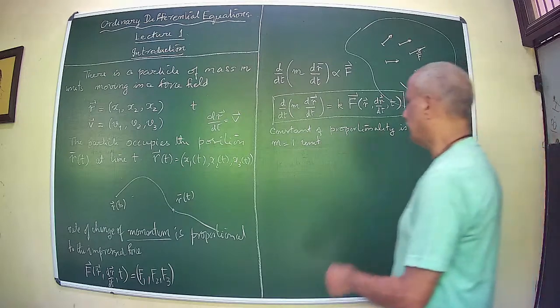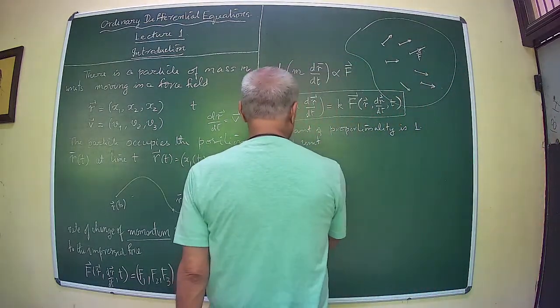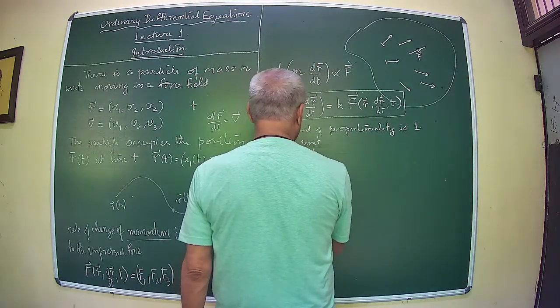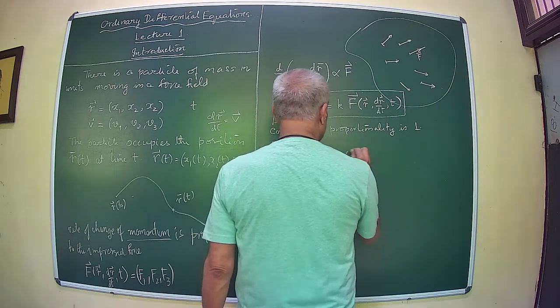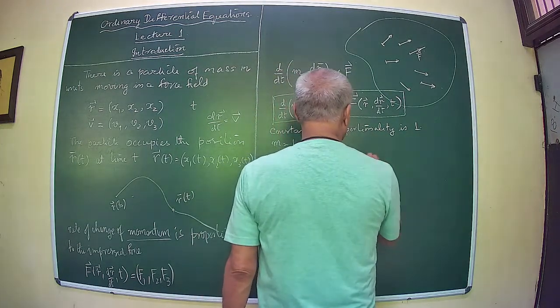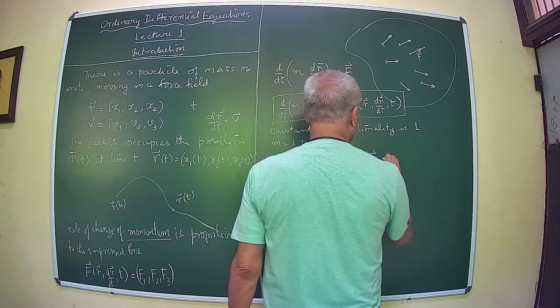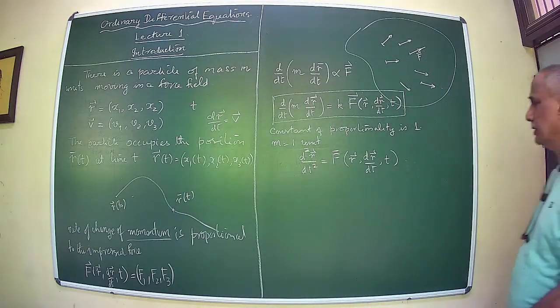Since m is a constant, you end up with this equation, which is the vector equation that you have to work with.